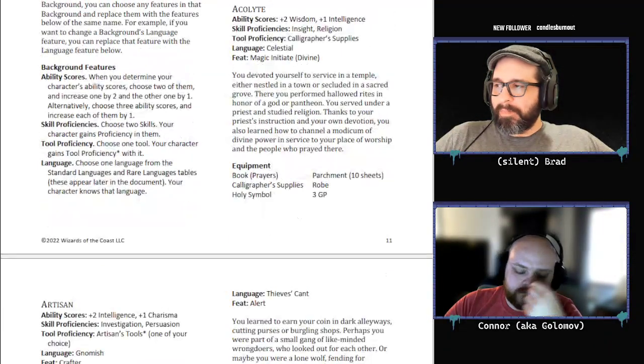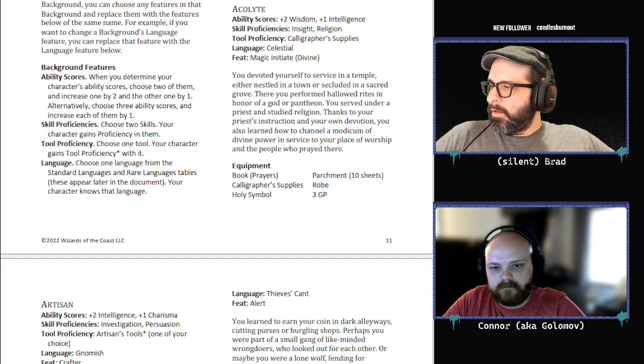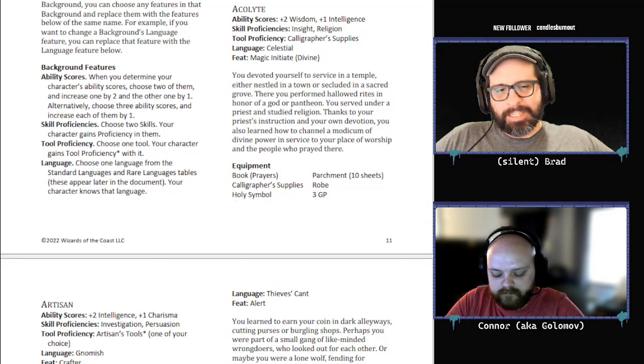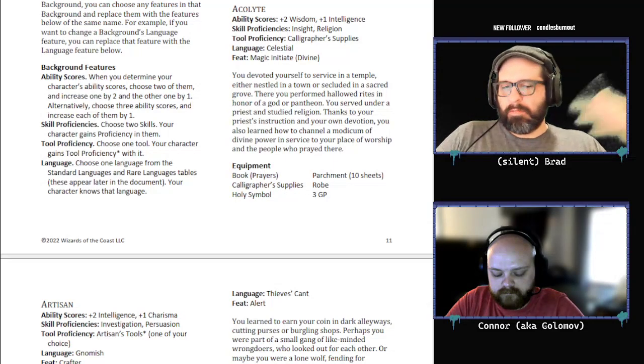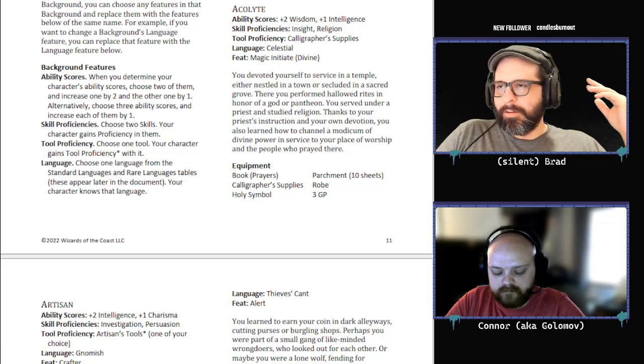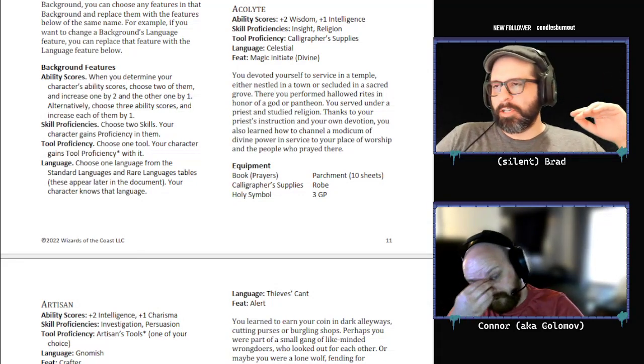So, Acolyte. You get plus 2 Wisdom, plus 1 Intelligence, because it is for the Cleric or the Paladin. You're getting Insight, which is a Wisdom skill, and Religion, which is Intelligence. I hate that Religion is Int, but it makes sense because your character is memorizing the Bible, not innately knowing all religion.